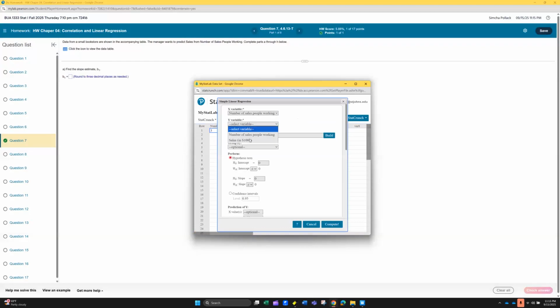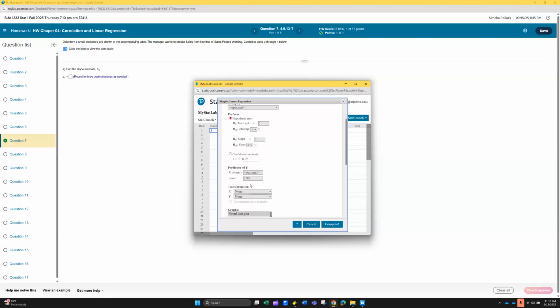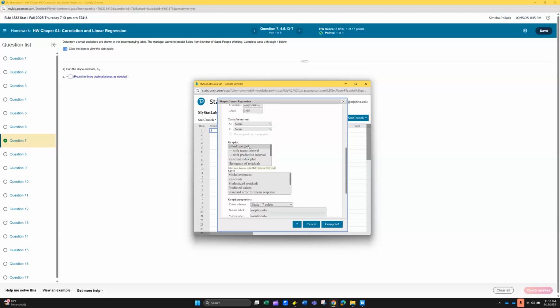The y variable is the sales itself in thousands, so 11 means $11,000, and 6 means $6,000. We don't use where, we don't use group. In later chapters, we'll be using this, and that's quite important to understand. Let's do a graph, and let's compute.